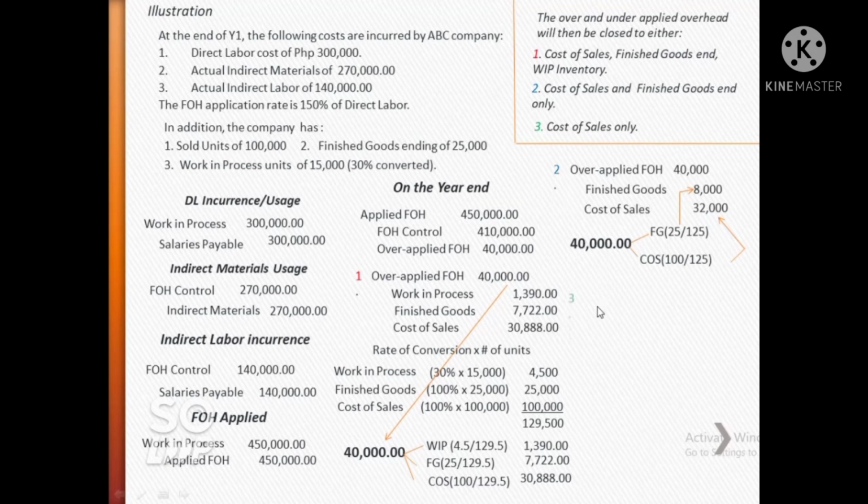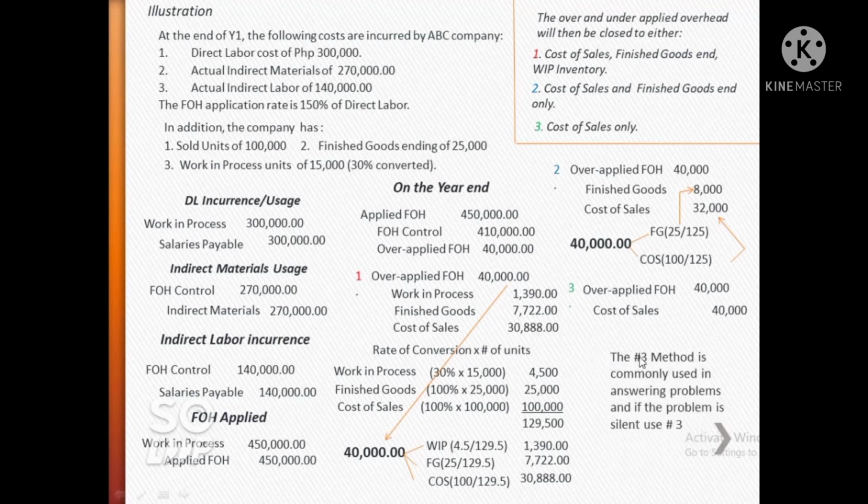And the last method, which is the default, if ever the problem is silent, the over applied factory overhead of 40,000 will automatically be closed to cost of sales account, 40,000. There is no need to allocate. And then, I'm going to emphasize again that method number 3 is commonly used in answering problems. And if the problem is silent, please use method number 3.